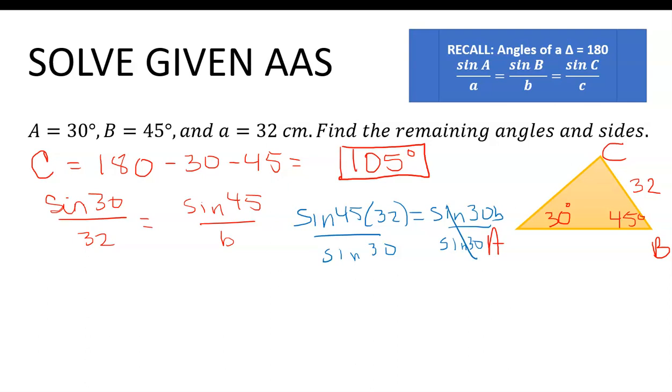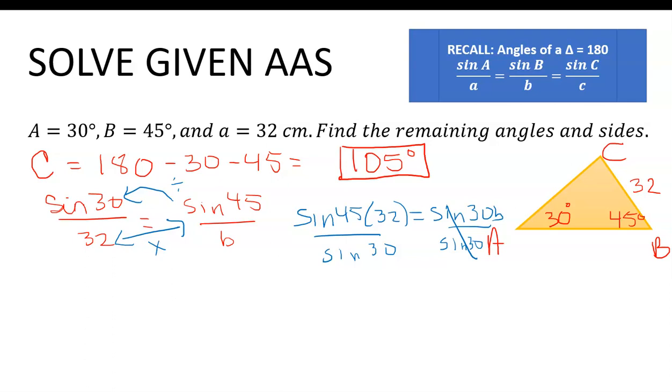So you basically multiply the two that you know. We're going to times these, and then you're going to divide by that third one. So in doing so, you will get side b.